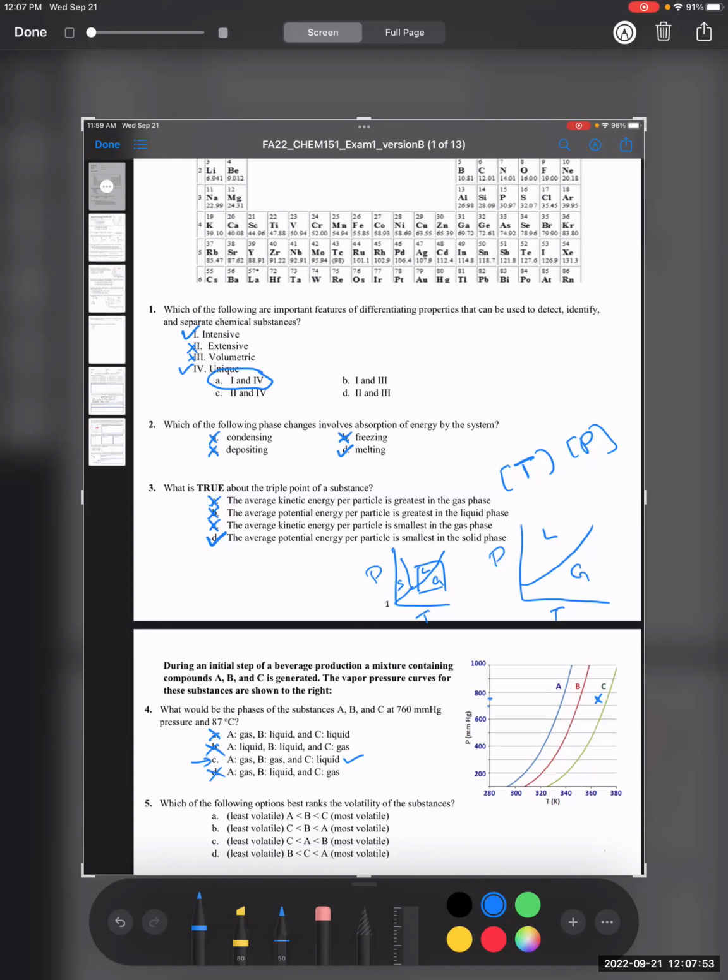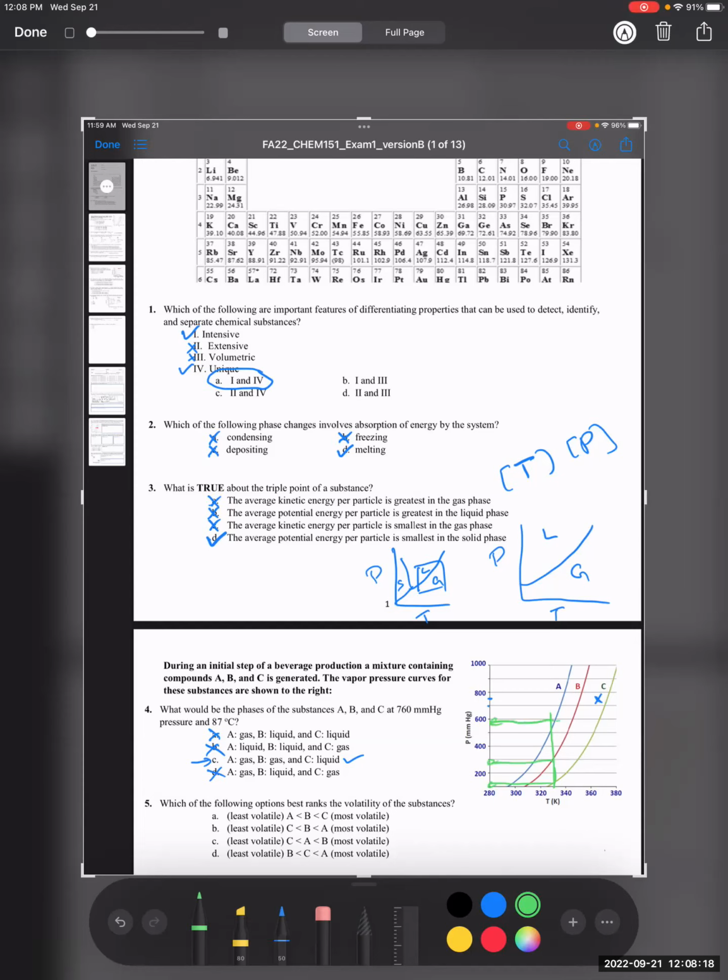Okay, now keeping that in mind, we say that C has the lowest vapor pressure at any given temperature. Just to remind us about what we're talking about here, let's pick a temperature around here. Now you see that the vapor pressure of C is around this much, the vapor pressure of B is around this much, and the vapor pressure of A is around this much.